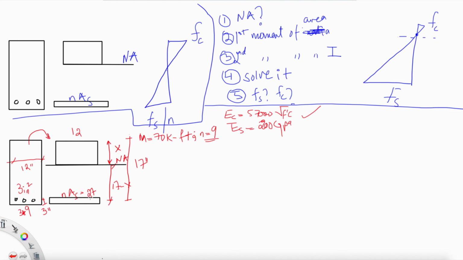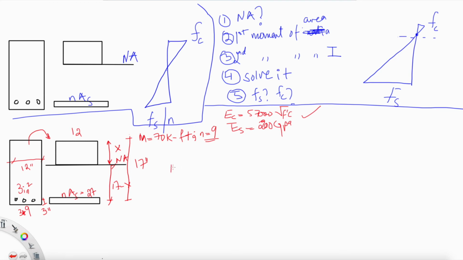Alright, so we'll go to the first moment of area. The compression should equal the tension for equilibrium. So the first moment of area above the neutral axis should be equal to the one below the neutral axis. This is from statics.